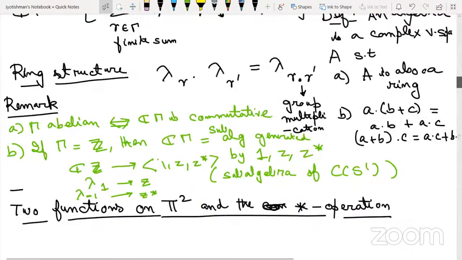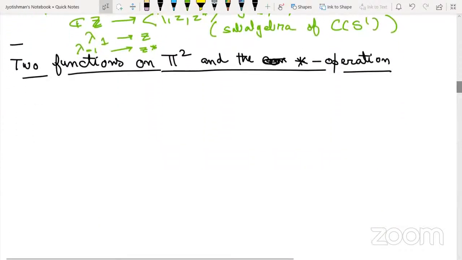Okay. So I am not doing very well in terms of time, but okay. The next target is to define the non-commutative torus, but before that, I just need to introduce some known functions.